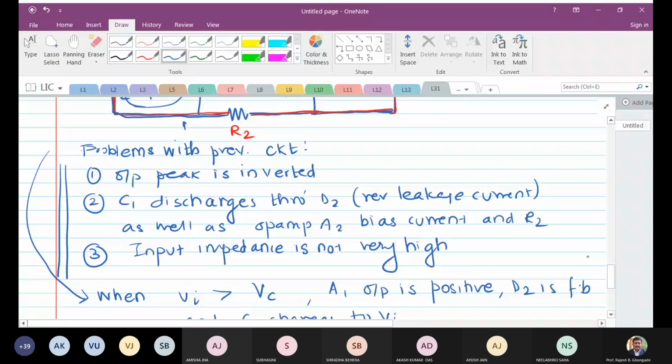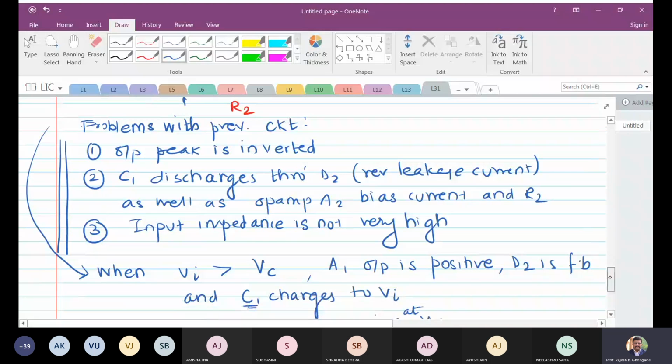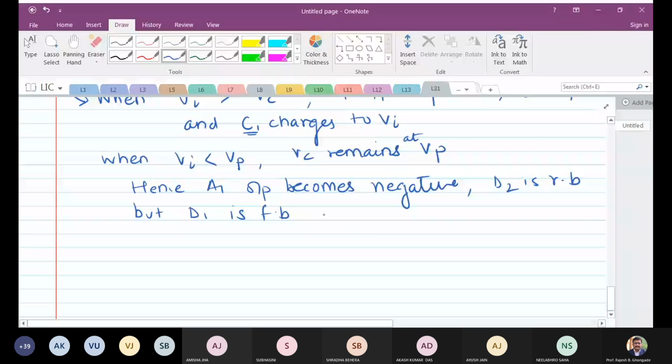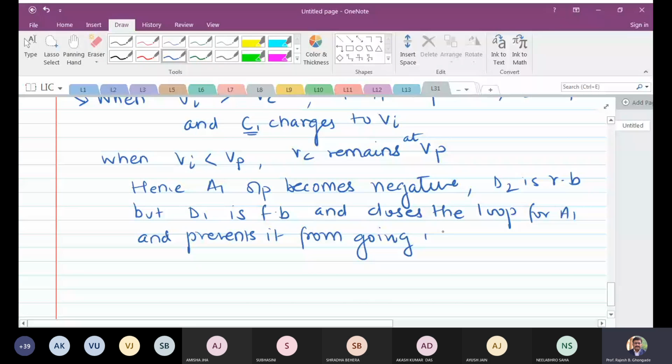All right. D1 closes the loop for A1 and prevents it from going into saturation.